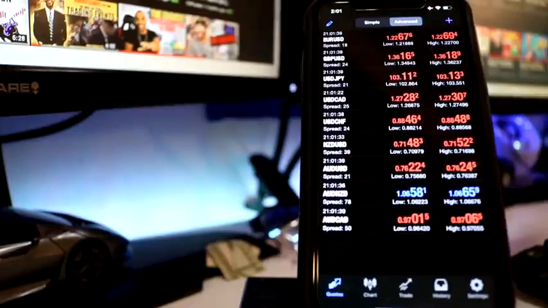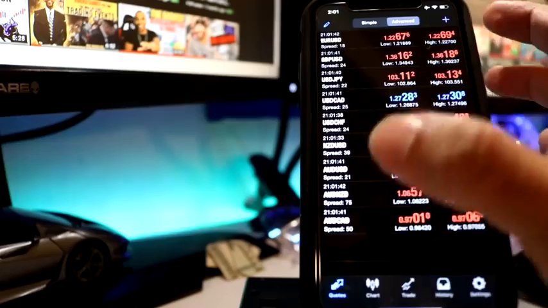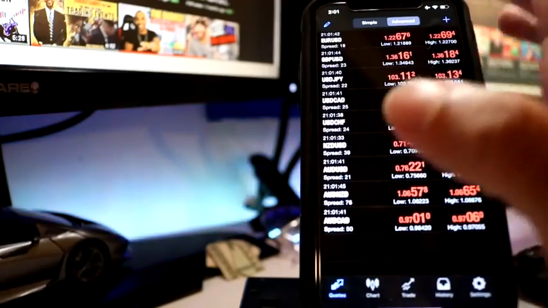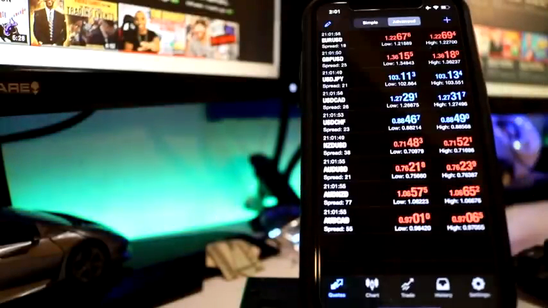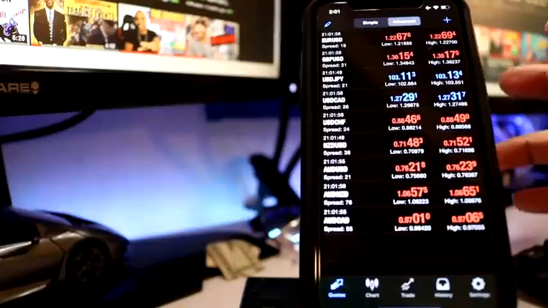Now let's get into MetaTrader 4 itself. So on the very first tab, now that you have your account open and you're ready to start trading, you're going to see the quotes tab. So the quotes tab, this is the tab where you can come and pretty much find all of the different currency pairs around the world that are traded in the Forex market. And it also depends on the broker that you use. So some brokers don't have access to certain pairs, okay?